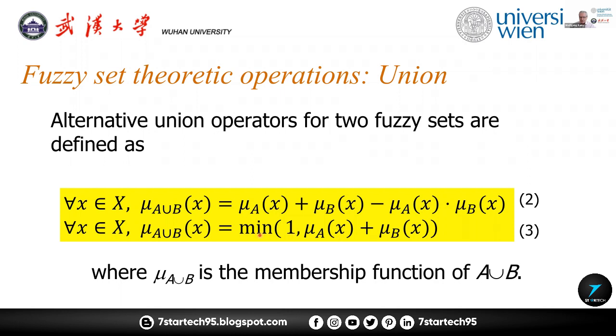Or in this case, the minimum of 1 and the sum. So again, in the extreme case that both would be 1, then we would have the minimum of 1 and 2, and again, the minimum is 1. So these are three options to compute the union of two fuzzy sets.